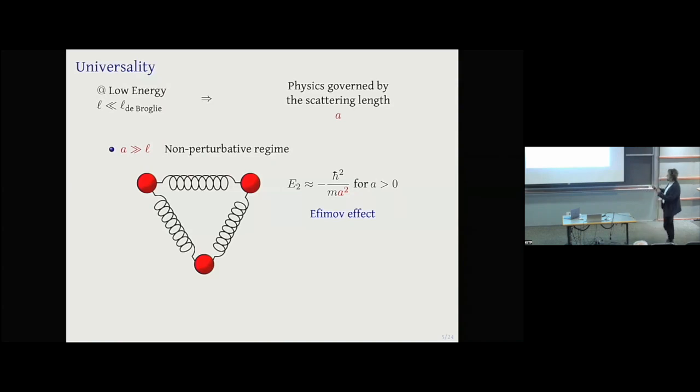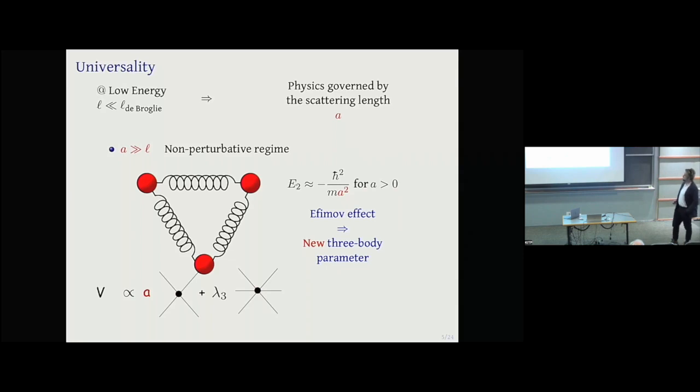So we have, for instance, the Efimov effect, which we heard about today, and a new three-body parameter emerges. And as we were told today, we need another three-body force in order to describe the system at the same order as the scattering length.